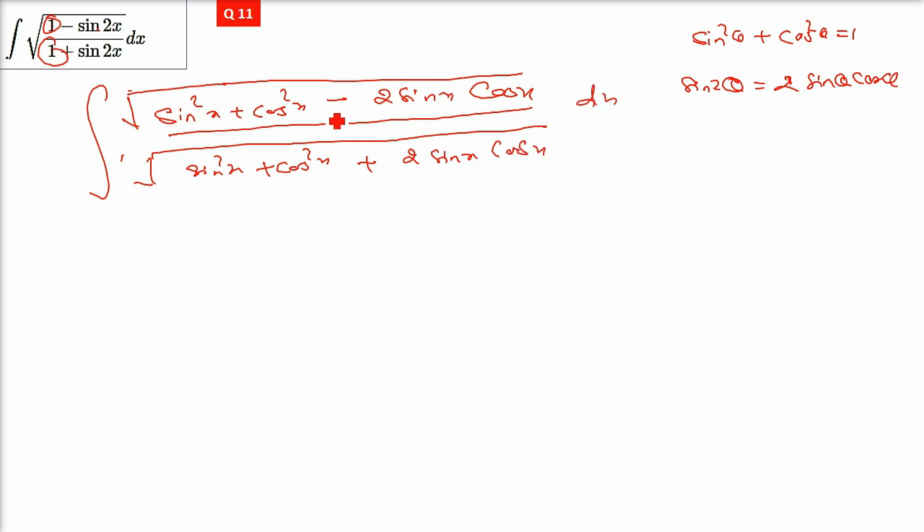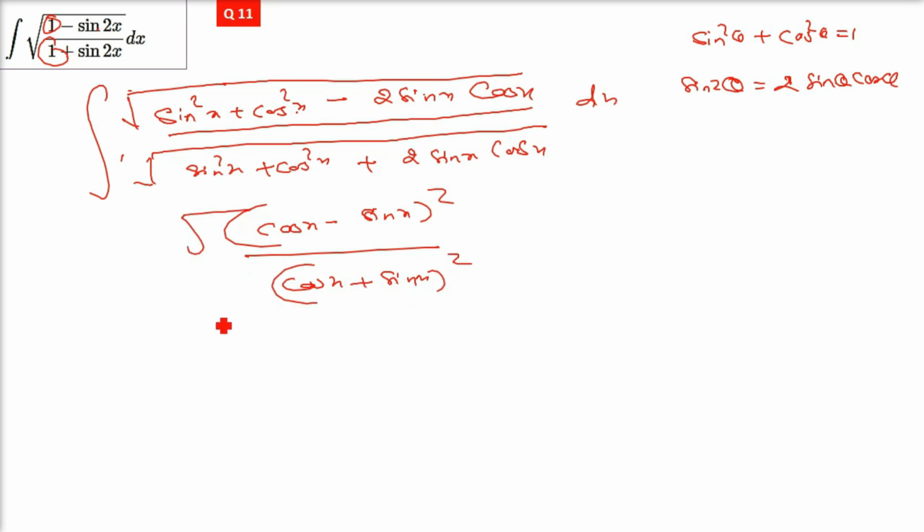A square plus b square minus 2ab is a minus b whole square. A square plus b square plus 2ab is a plus b whole square. You already know that. Cos x minus sin x, you can write it as sin x minus cos x also, but don't worry about that. You'll see why I have written this cos x minus sin x. I have not taken sin x minus cos x. So cos x plus sin x whole square in the denominator. This root gets cancelled with the square, so you are only left with cos x minus sin x divided by cos x plus sin x.